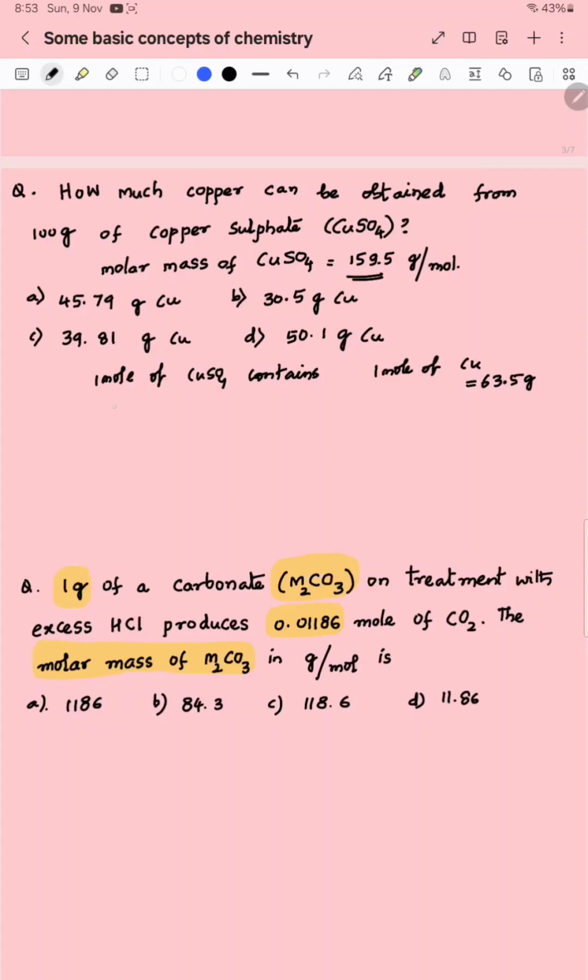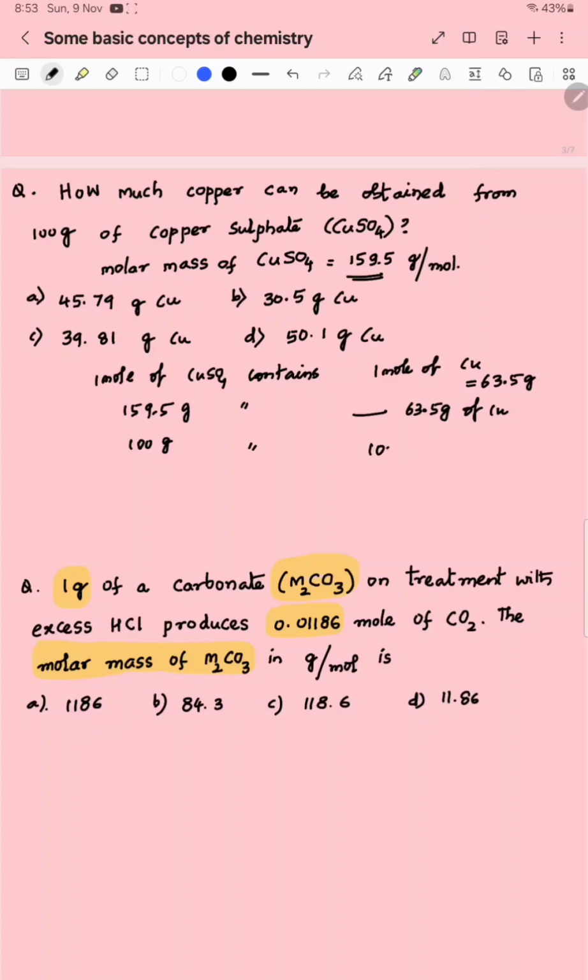Now 1 mole means 159.5 grams of copper sulfate contain 63.5 grams of copper. Now he is asking how much copper 100 gram of copper sulfate contains.